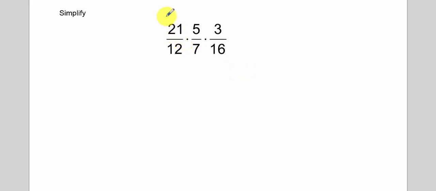Again, I'm going to take and look at the prime factoring. This goes to a 2, a 2, and a 3. This goes to a 2, a 2, a 2, and a 2. And then I'm going to start looking to reduce any like factors. Well, this 3 goes with this 3. And it looks like I'm pretty much done.